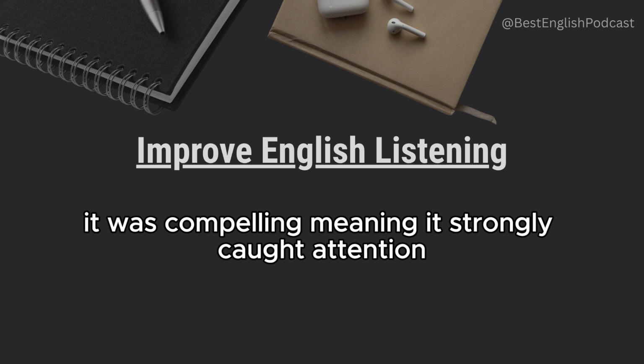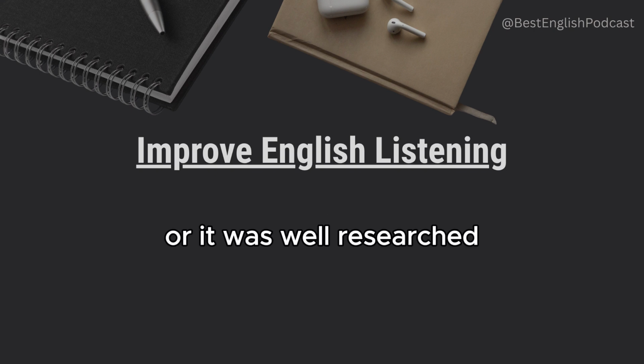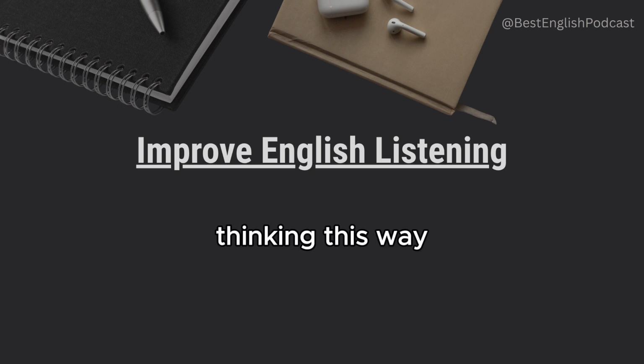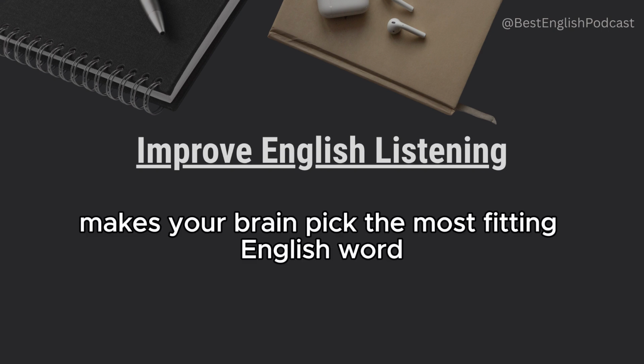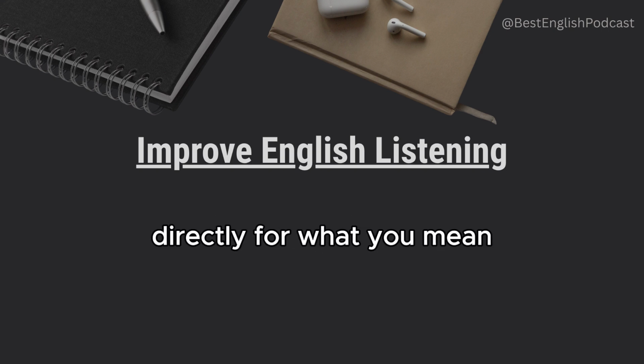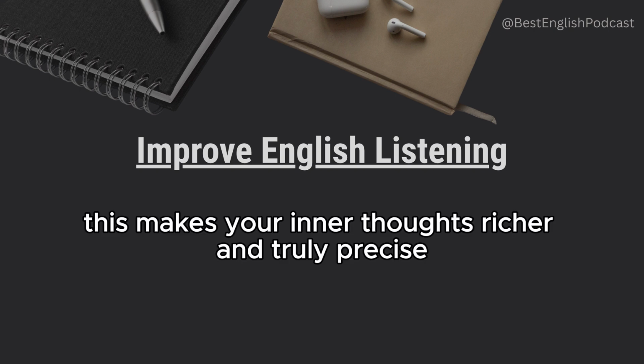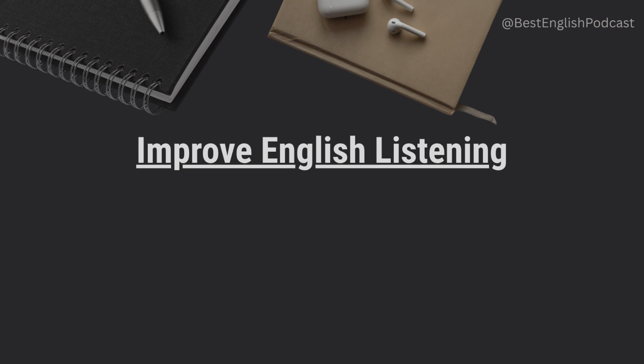It was compelling, meaning it strongly caught attention. Or, it was well-researched, meaning it had strong facts. Thinking this way makes your brain pick the most fitting English word directly for what you mean. This makes your inner thoughts richer and truly precise.